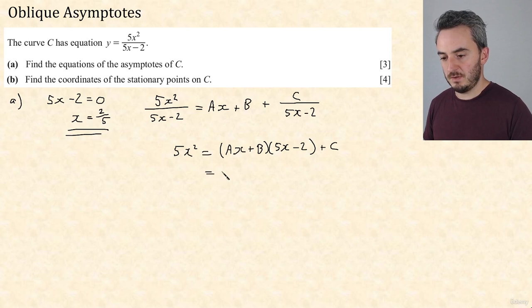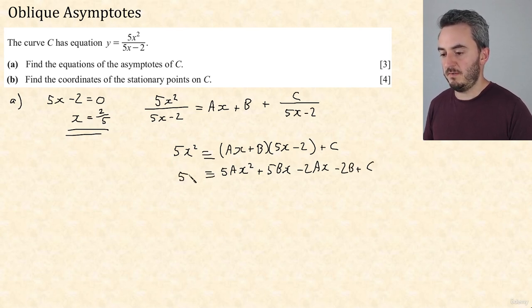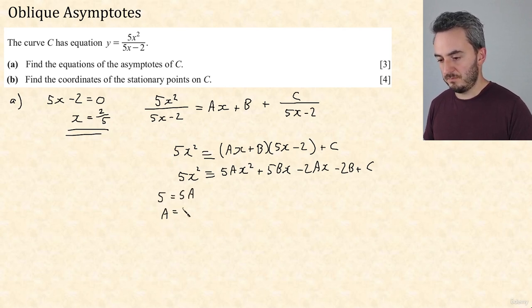Expanding that right-hand side, I get 5ax squared plus 5bx minus 2ax minus 2b plus c. And that's got to be not only equal to but identical with 5x squared. Comparing coefficients: the coefficient of x squared is 5, so 5 equals 5a, and a is 1.